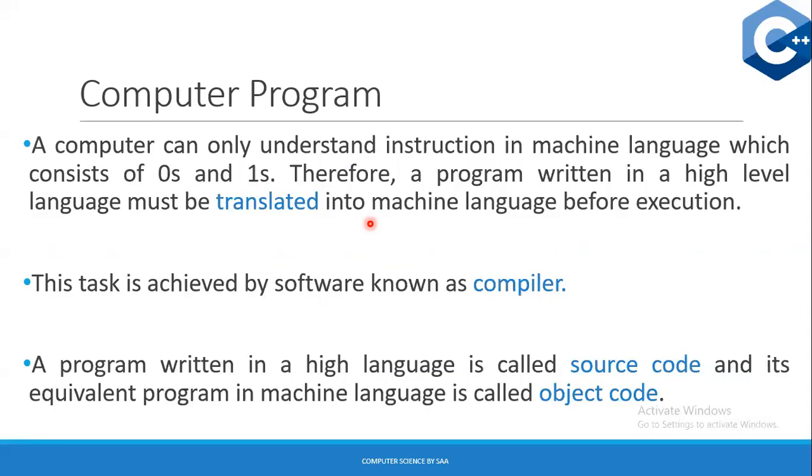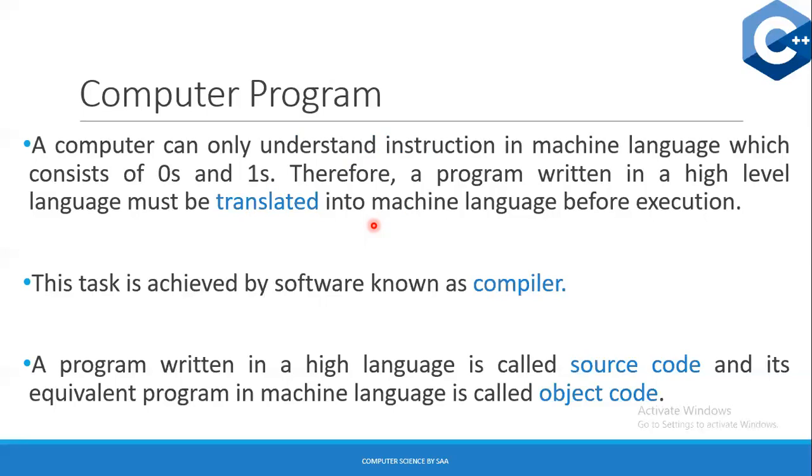As we have discussed earlier, a computer can only understand the instructions written in machine language, that is binary language. Machine language basically consists of only zeros and ones. So the programs which are written in high-level languages are translated into machine language before execution.